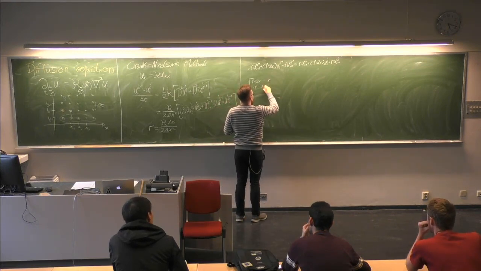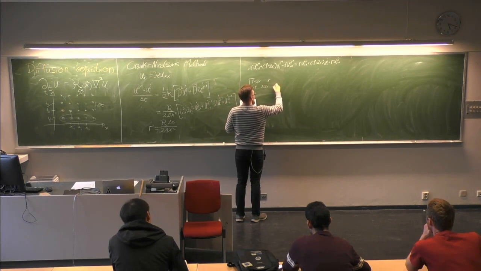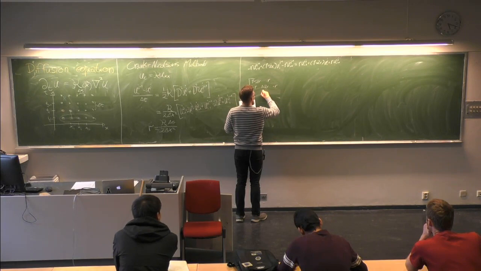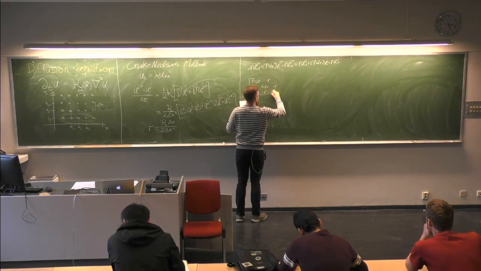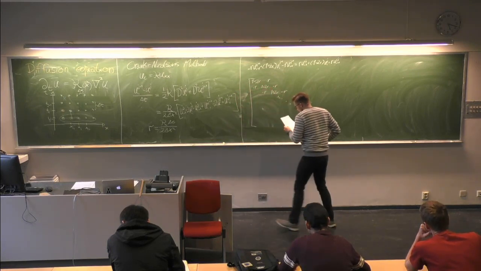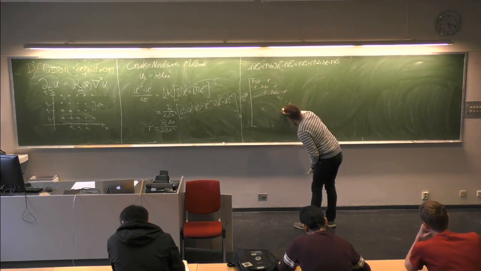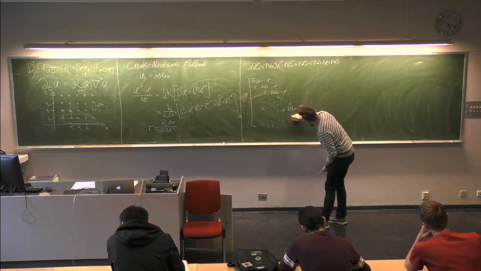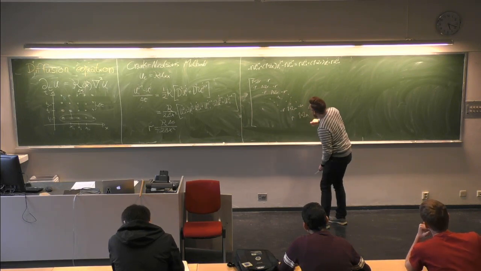Then the next rows: 1 plus 2r, minus r, and so on, and in the end, minus r and 1 plus r.